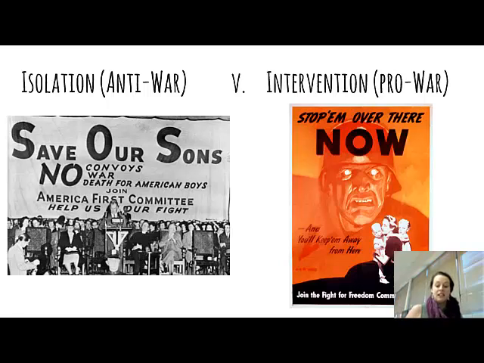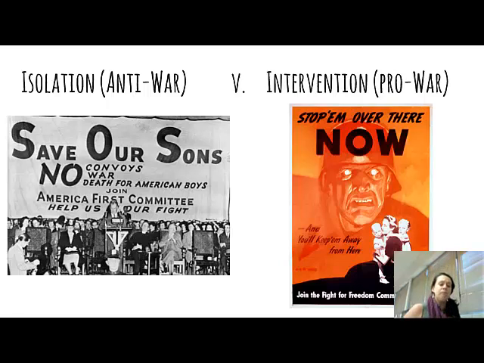Okay. So even though we've got all of these governmental policies, right? This is all the government and Congress acting. Congress acts based on what people want, right? So I want to take a second to think about public opinion surrounding the war. And we're actually going to study this a little bit more deeply later.